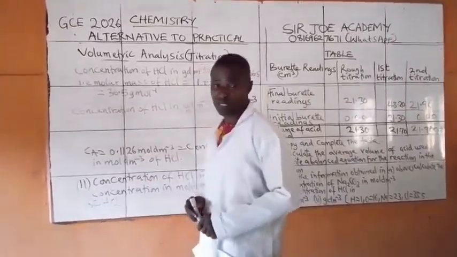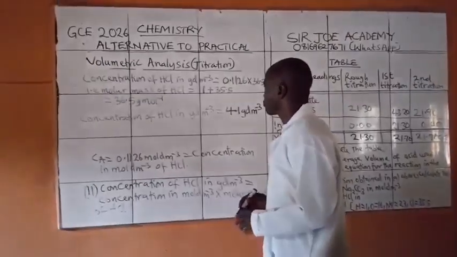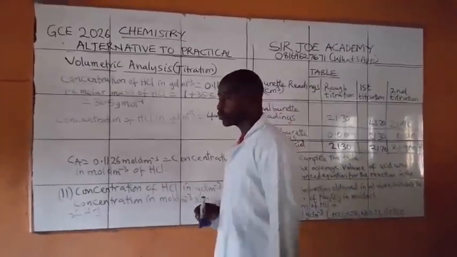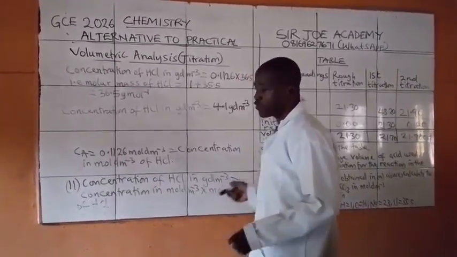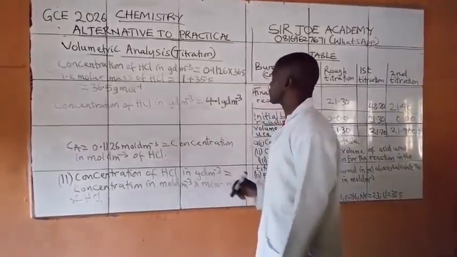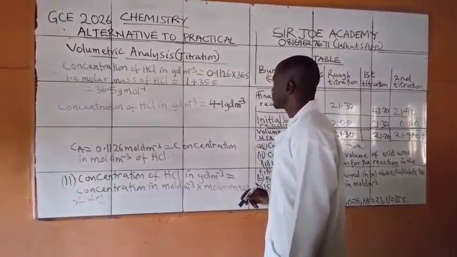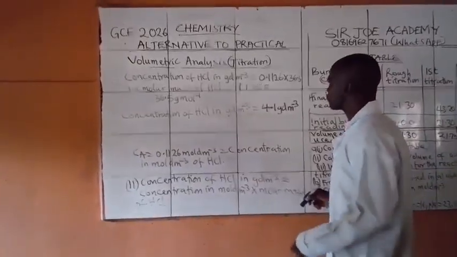With this, I believe you have understood how to calculate a series of calculations when dealing with volumetric analysis, that is titration. Take note of the following formulas.